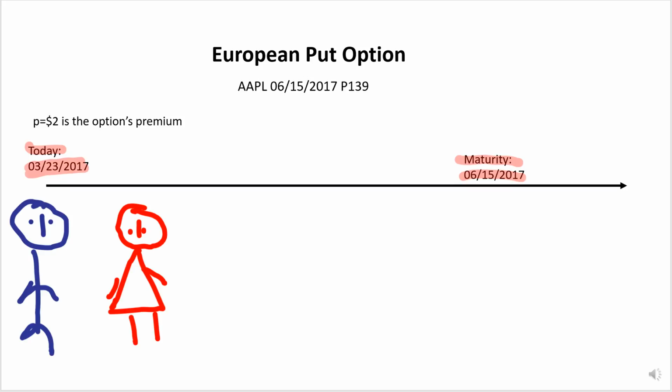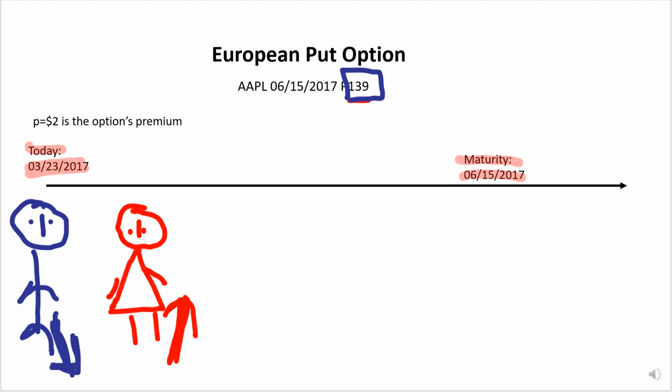The long investor thinks that the share of Apple will go down in the future, and the short investor thinks that the share price is going to go up. All their predictions are made with respect to the strike price. So the long investor thinks that the price will go not only down, but below this threshold of $139.